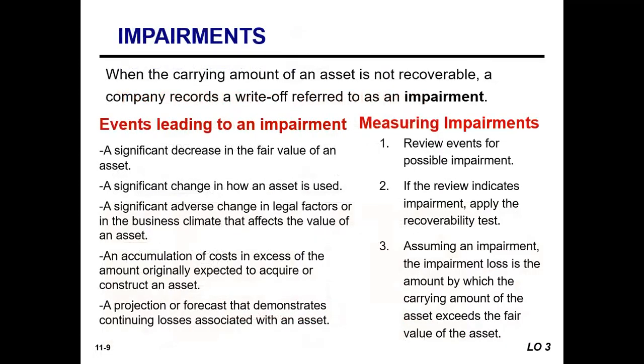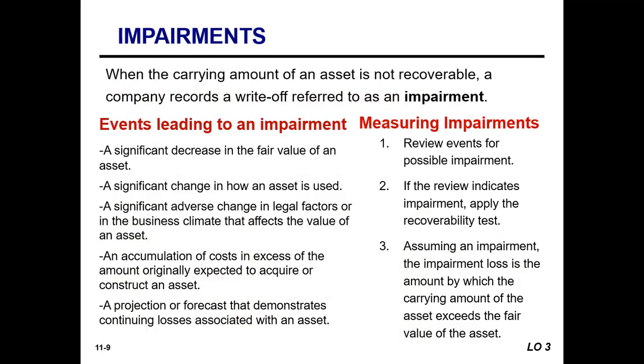Okay, so impairment. Assets can be impaired, which basically means that they have lost value for some reason. We saw this when we talked about our inventory accounts and how inventory accounts can be impaired, and then sometimes we've got to use lower of cost or net realizable value, or lower of cost or market.